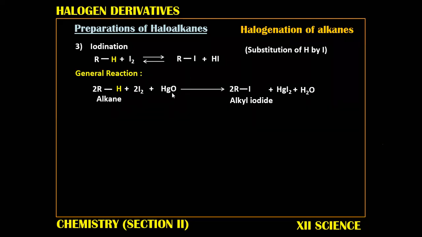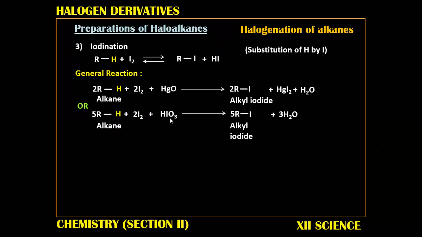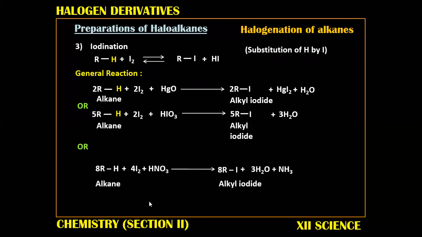Now see, when mercurous oxide is used, we don't get HI in the product and the reaction does not get reversed. So either we use mercurous oxide, HIO3, that is iodic acid, or HNO3, that is nitric acid. In all three cases, we don't get HI in the product.